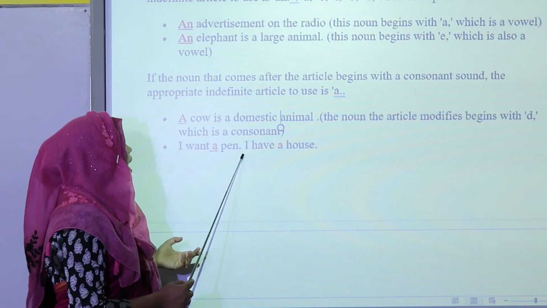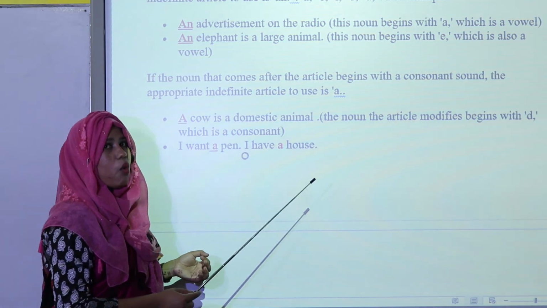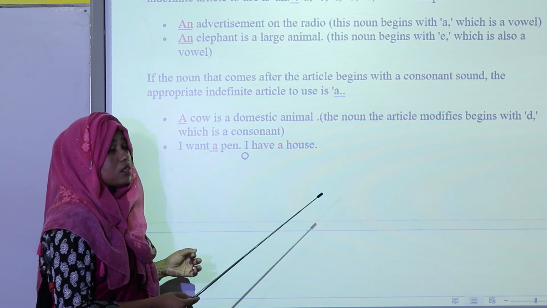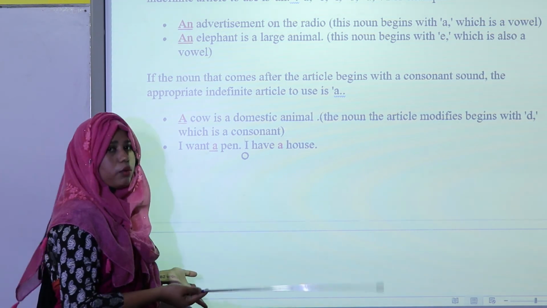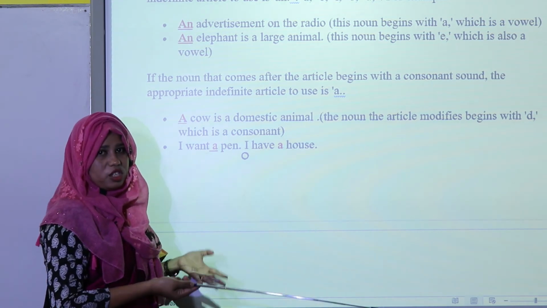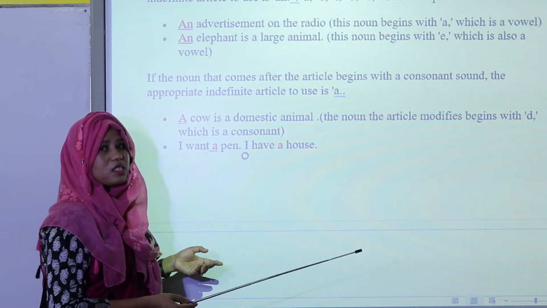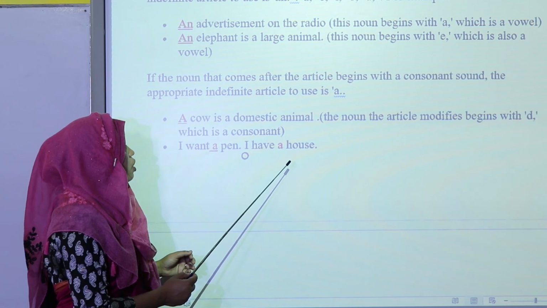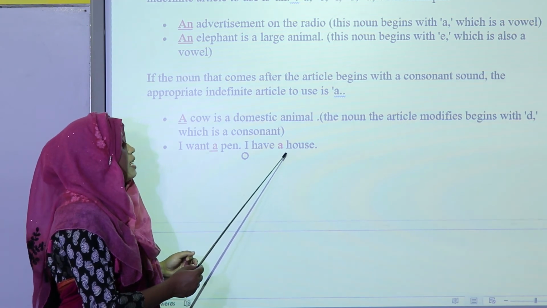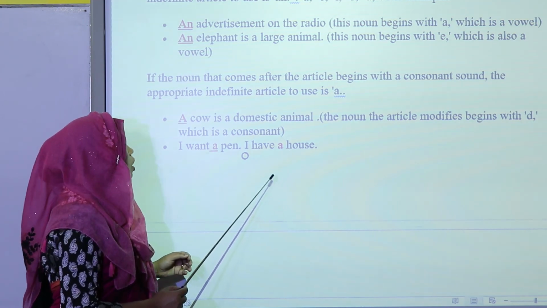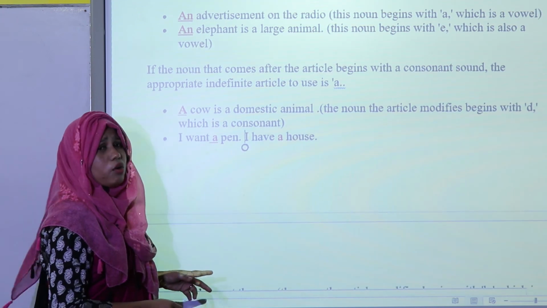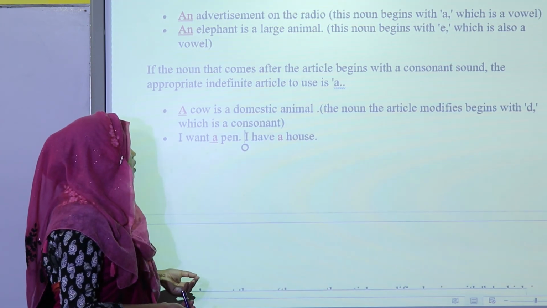Like that, I have a house is also an example of indefinite articles. House, which house? There is no specific mention. That's why I use a here. We know there are many examples.